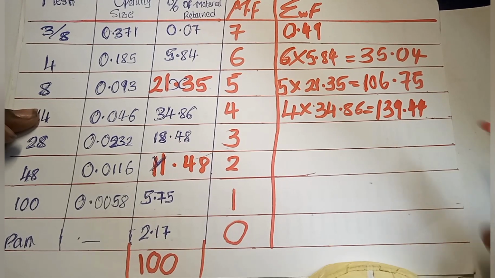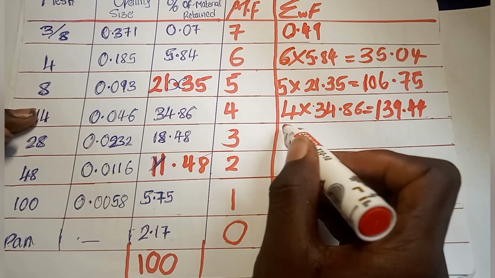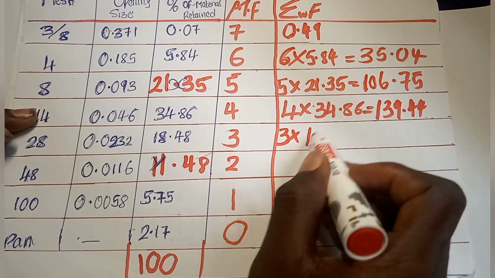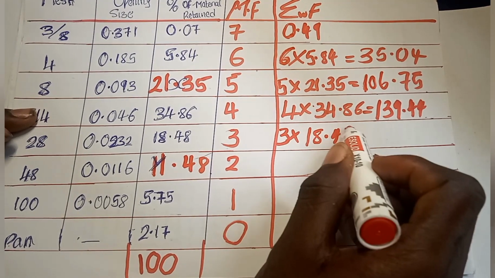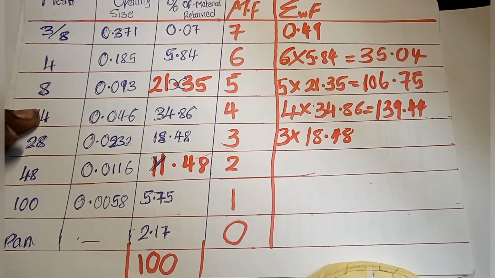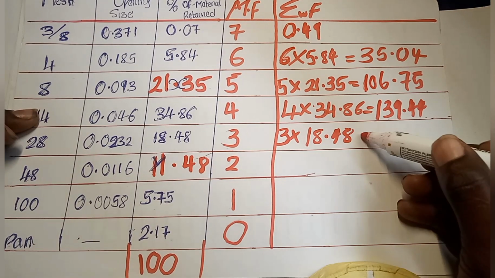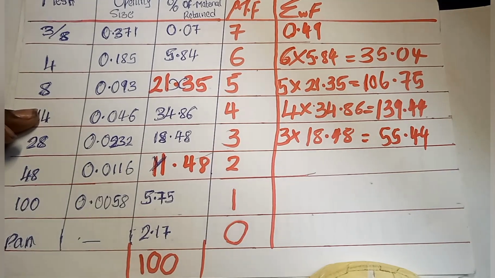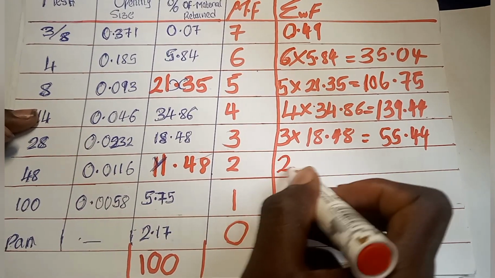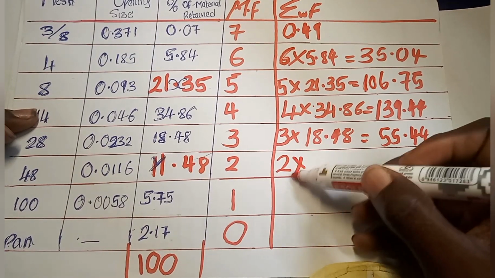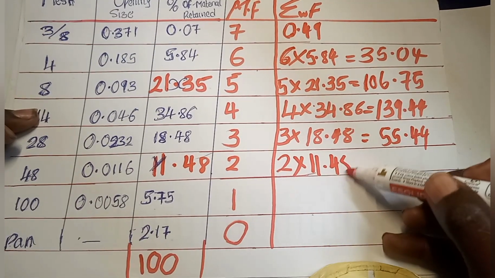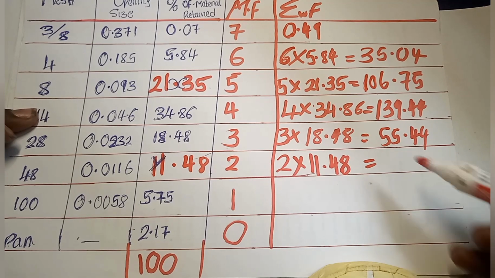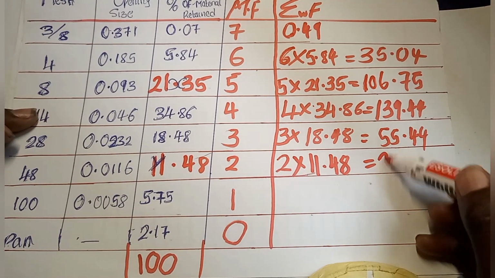Then 3 multiplied by 18.48 will give me 55.44. Then 2 multiplied by 11.48 will give me 22.96.